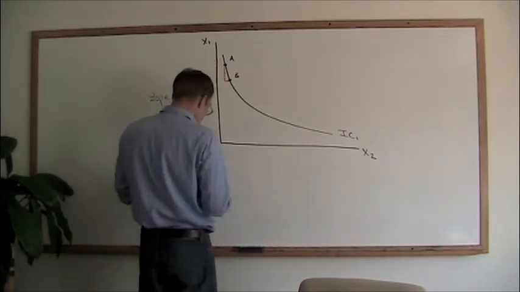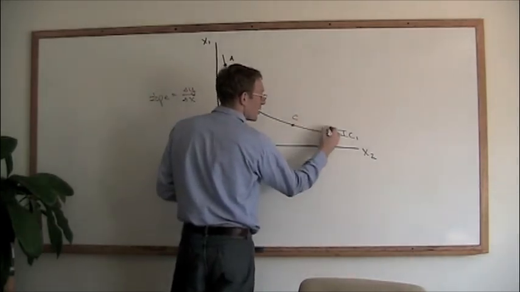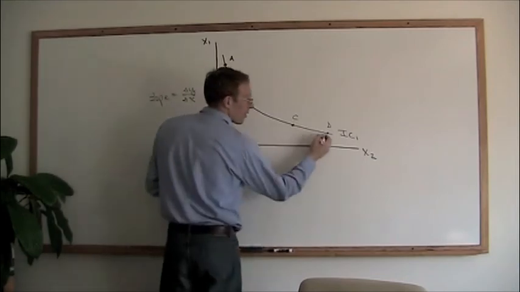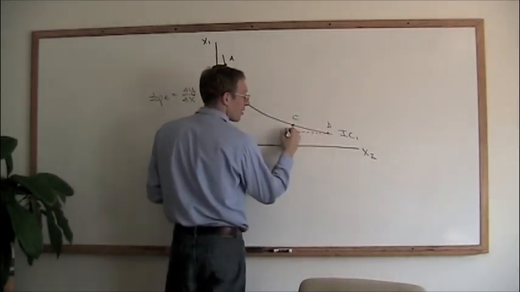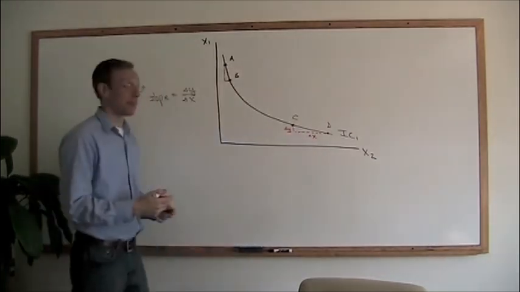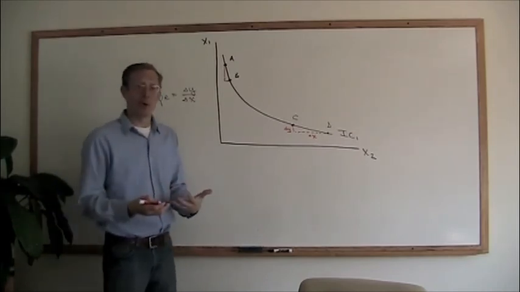But if we're over here, and we'll call this point C and point D, in order to get you to trade off down here, the delta y is pretty tiny, but the delta x is pretty big. So what's going on? Well, it's pretty simple.